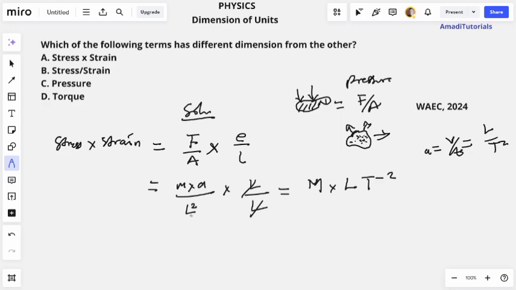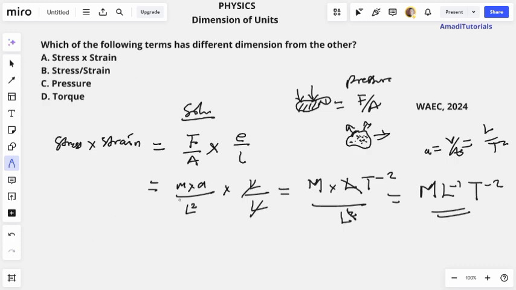Then over this L squared, one L will cancel one of the L's here, so one L is left. What is now left is M L raised to minus 1, and then T raised to minus 2. So this is the dimensional unit for this first combination, which is stress times strain.